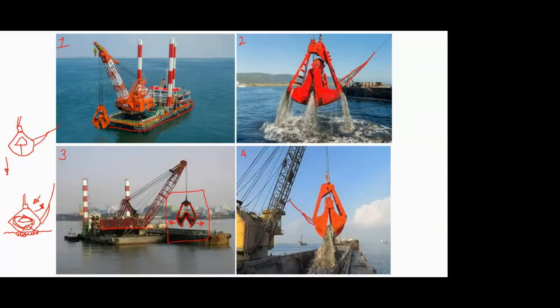You can see in photo number 2 and 4. In photo number 2, this is the photo where the bucket is being taken out of the water after it has excavated or collected the material. When it comes up, all the water in that bucket will be displaced, and only solid or most of the solids will remain in this space between the two halves of the bucket.